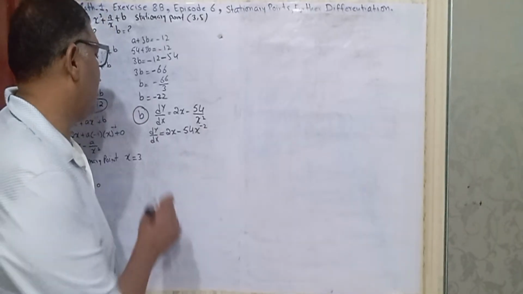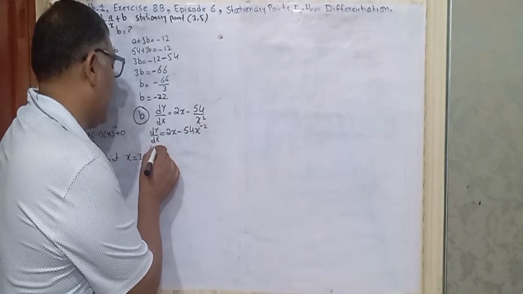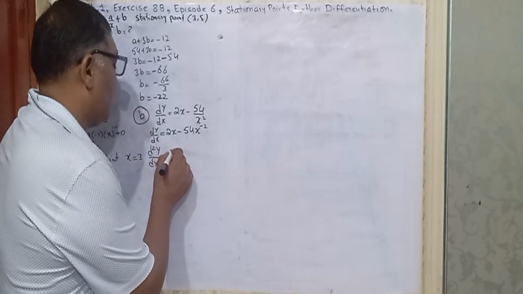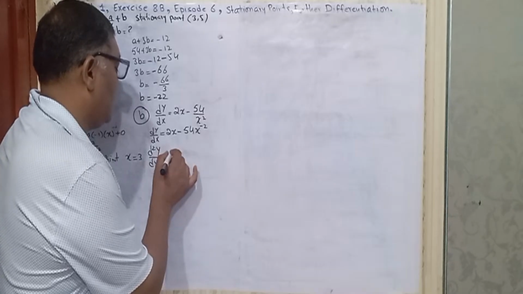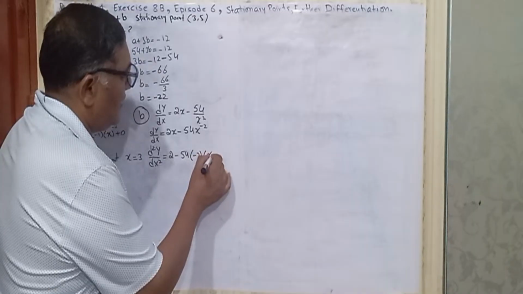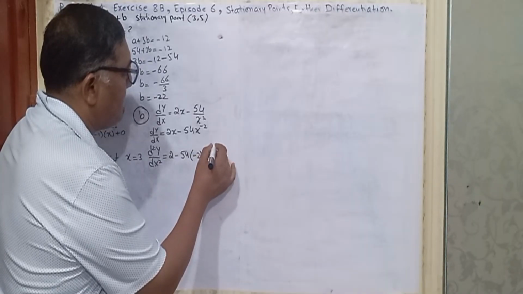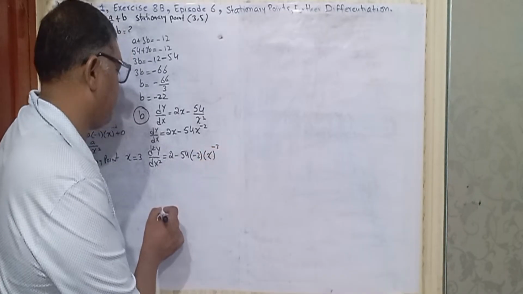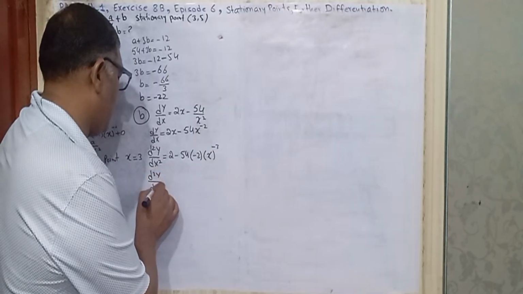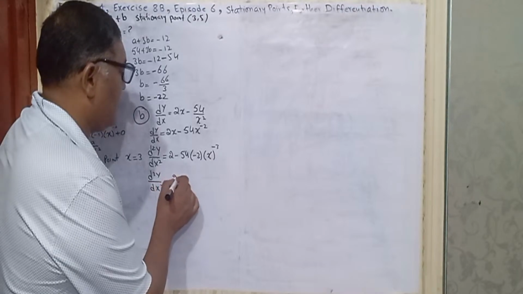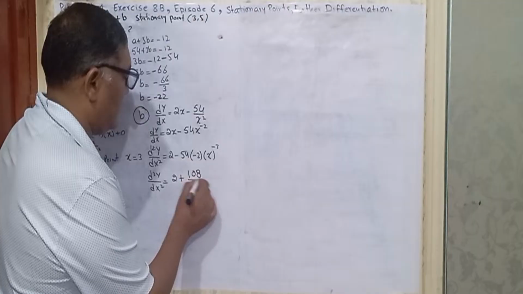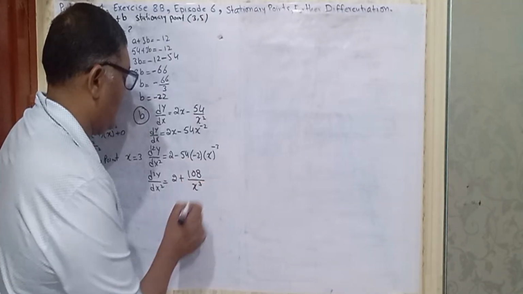Now I will differentiate it again to find the second derivative. That will be 2 minus 54 into minus 2 into x raised to power minus 3. So my second derivative will be 2 plus 108 divided by x cubed.